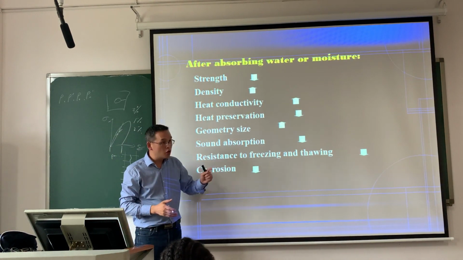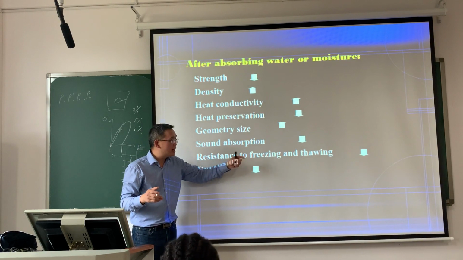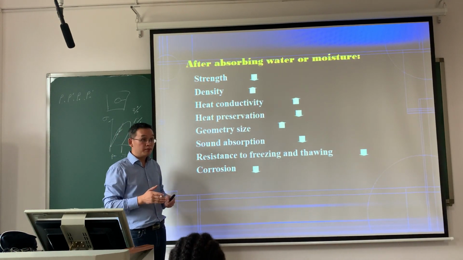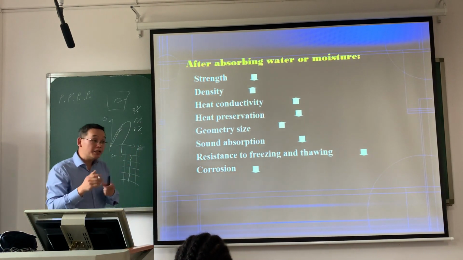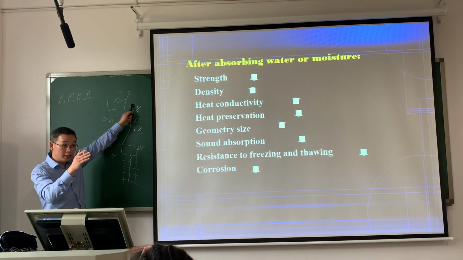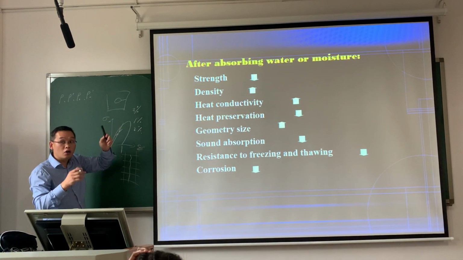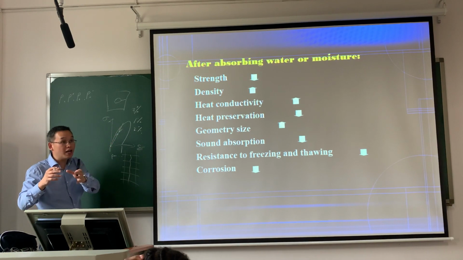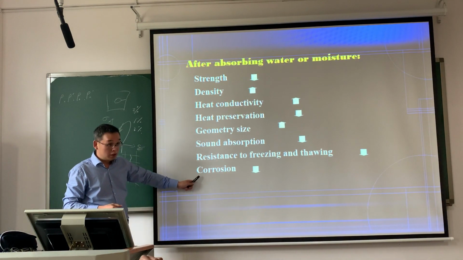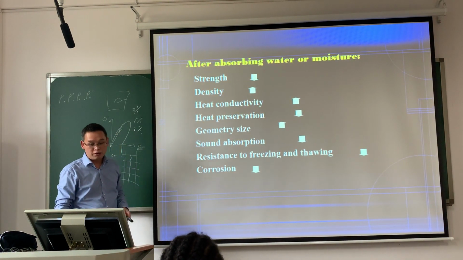Resistance to freeze and thaw decreases. We'll explain what freeze and thaw is. And chlorine resistance decreases because in nature, the water can have some kind of impurities, and these impurities will get into the material.